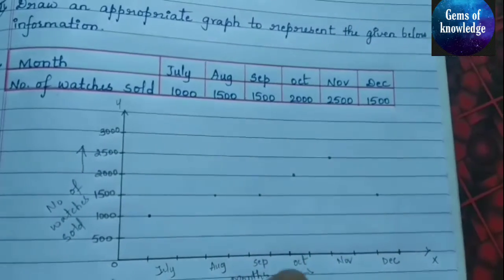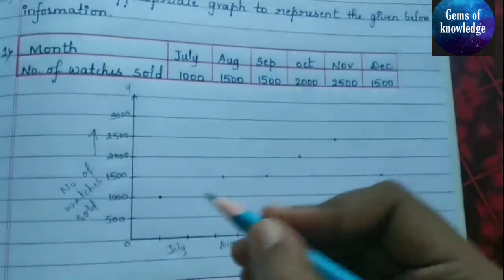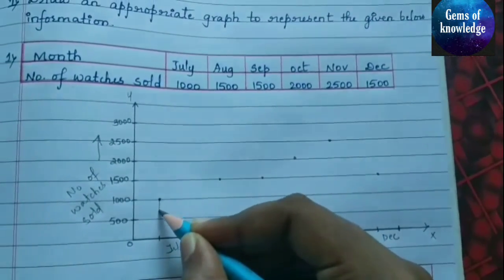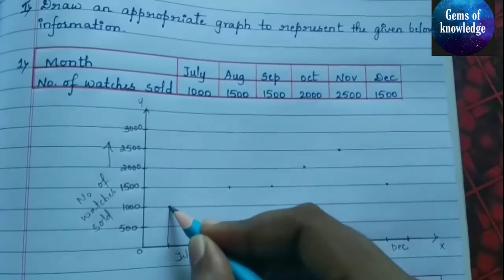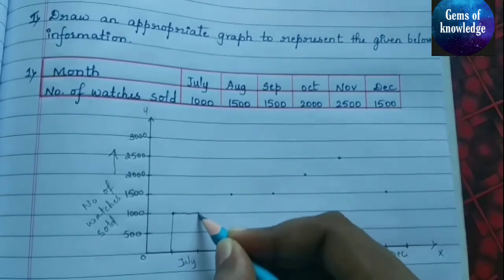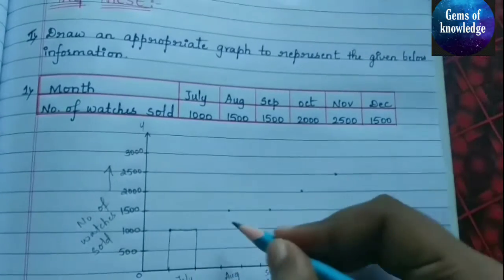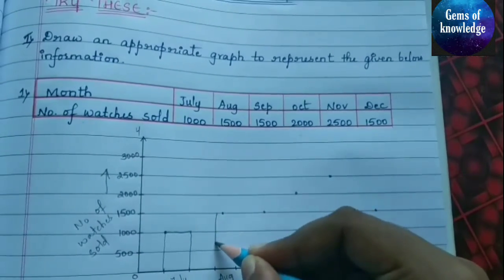Now what we have to do? We have to draw the bar. So this is actually a bar graph. You have to use your scales in drawing this.